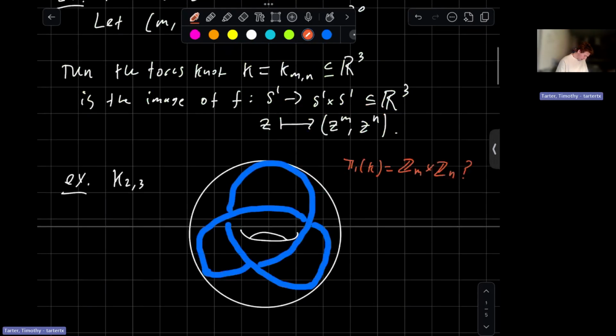But it never states what pi 1 of a torus knot is. I'm Googling this, but what is the fundamental group of a torus knot?